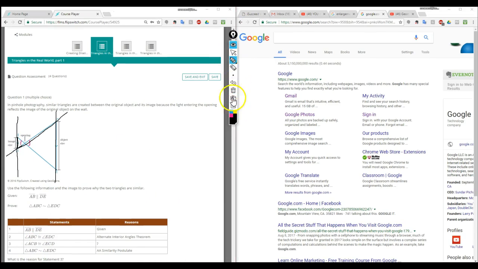So this angle formed here, A to B to C, is congruent to angle EDC, where the vertex is right here. And they are alternate interior angles.